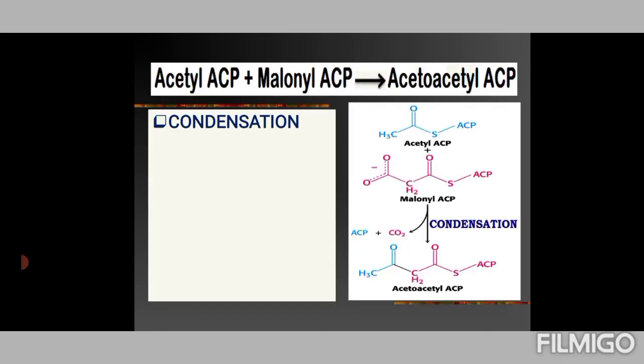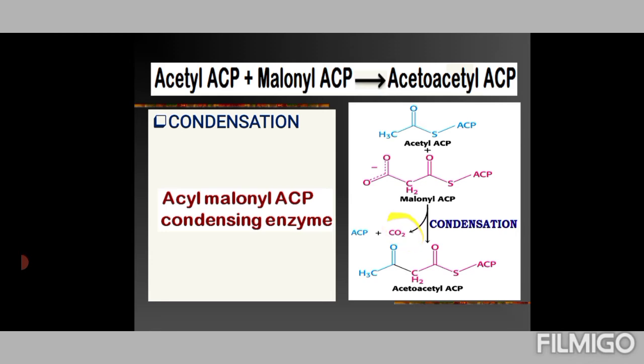The enzyme involved is acyl malonyl ACP condensing enzyme, and this condensation reaction is driven by the release of carbon dioxide from the terminal carbon of the malonyl group of malonyl ACP, which raises the free energy of the reactants to a higher level than the free energy of the products. That's how the reaction is driven forward.